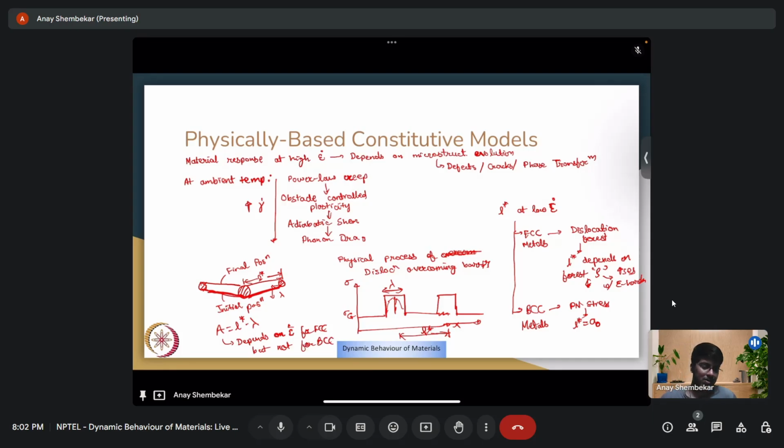This is because the spacing L star for the forest dislocation, which is the predominant short range obstacle for FCC metals, decreases as the forest dislocation density increases. So there is an inverse relation for FCC, you have something like rho equals 1 by L star square.